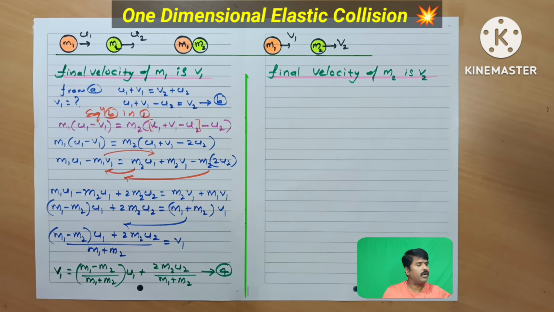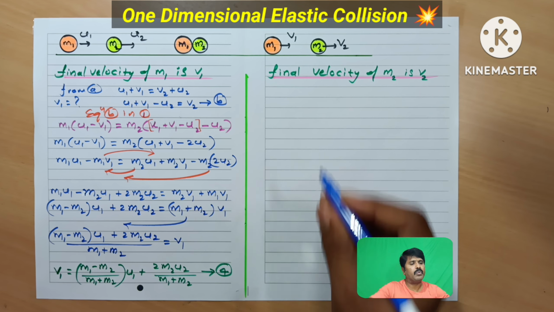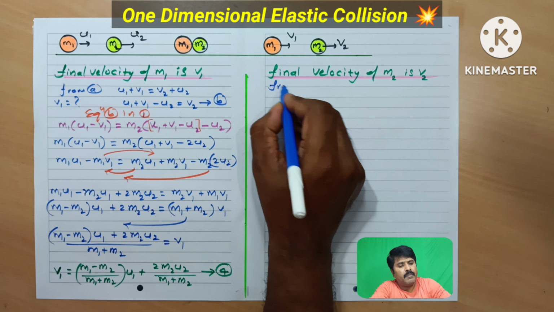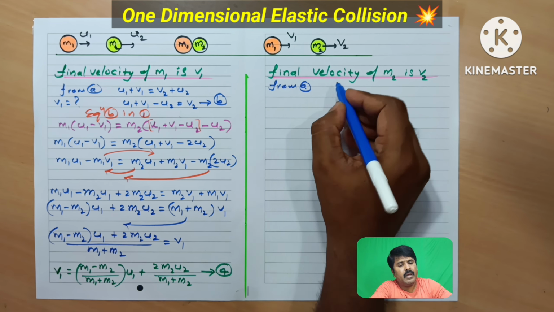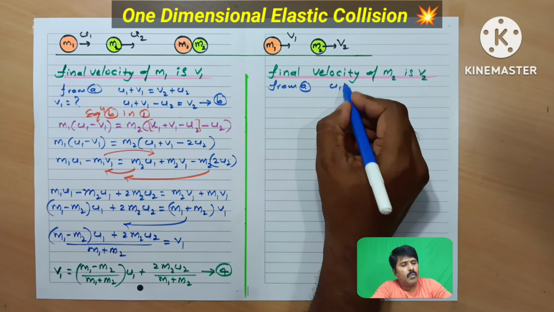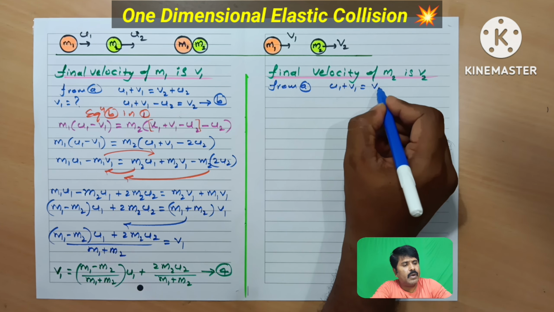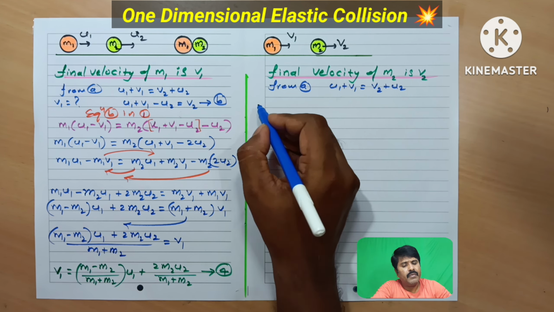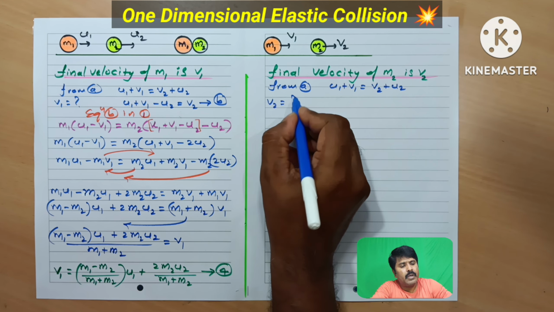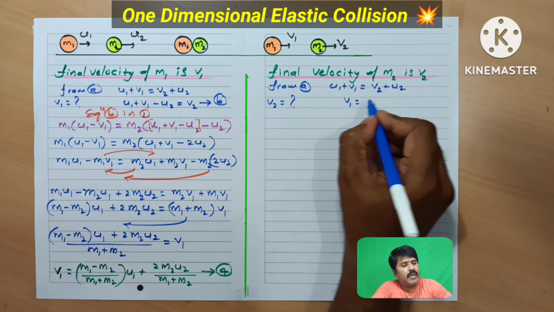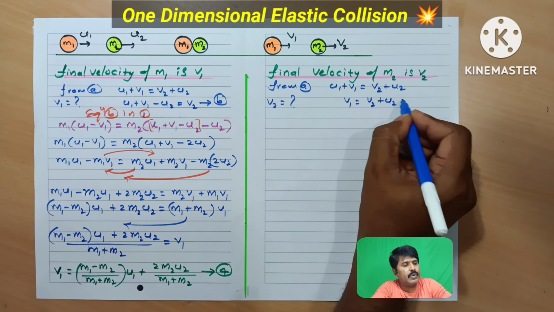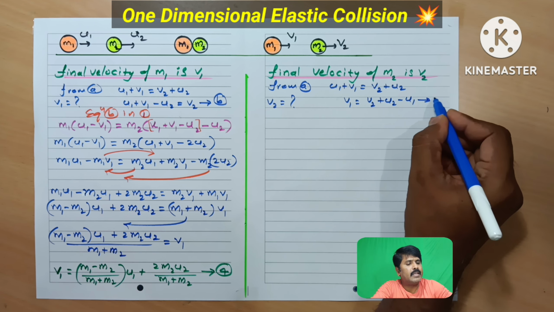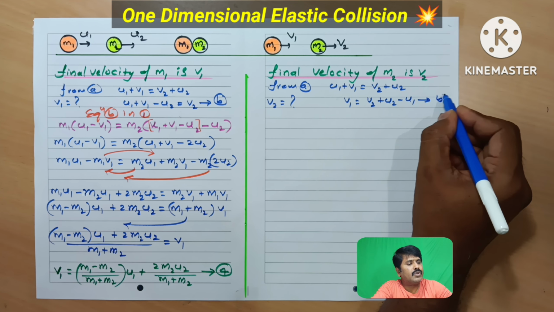And similarly we can do for the m2 final velocity using the same method. From equation number A, u1 plus v1 is equal to v2 plus u2, and we want to find v2, so I am writing here v1 is equal to v2 plus u2 minus u1. This I can write as equation number C, student.